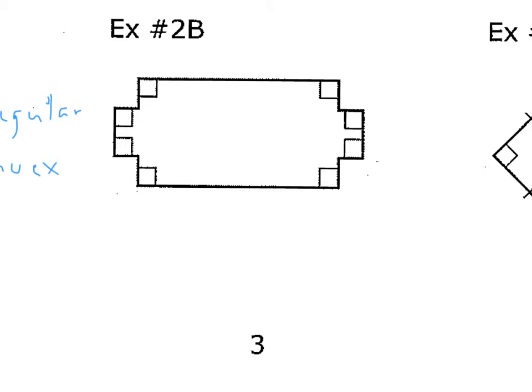Okay, so this guy, he has different side lengths, so you know that he is also going to be irregular. And it has parts that cave in, such as these parts, so this is going to be concave.